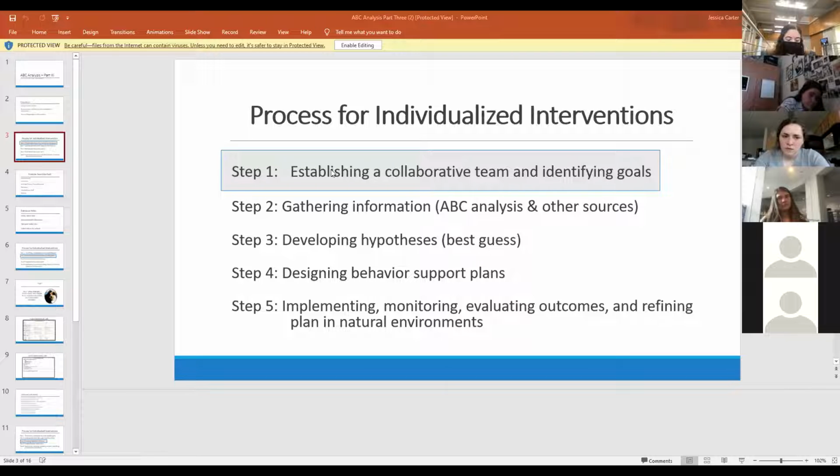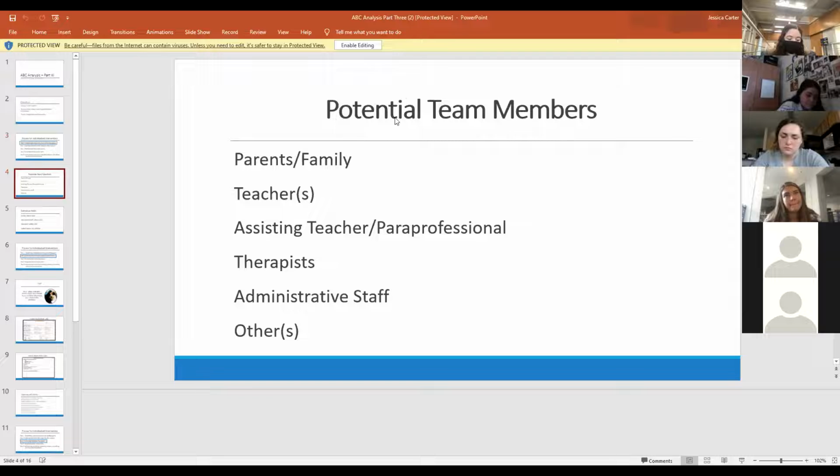So first and foremost, you're going to establish that team, identify the goals for what needs to happen. Administrative staff, I didn't mention them, but they would also probably be on that potential team.